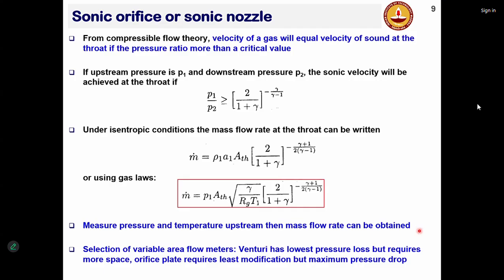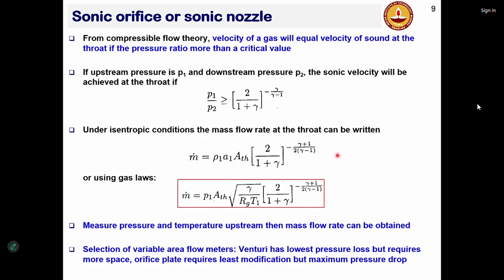Now, if you go through the compressible flow theory, it is known from gas dynamics that velocity of a gas is equal to the velocity of sound at the throat if the pressure ratio is more than a critical value.